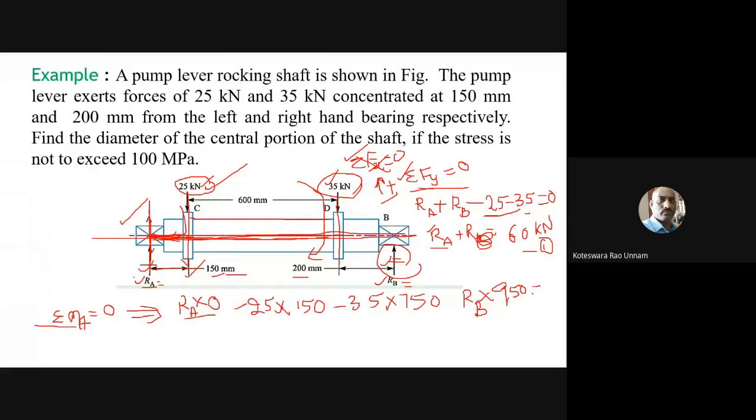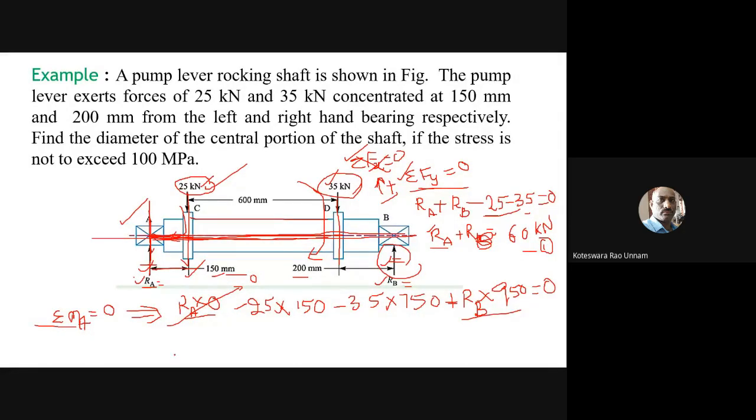It should be equal to 0. Of course, before that I need to identify the sign. If I take the moment of this RB about point A, it creates a moment in the anti-clockwise direction, so I have to take a plus sign here. I can cancel out the RA term because it is 0.